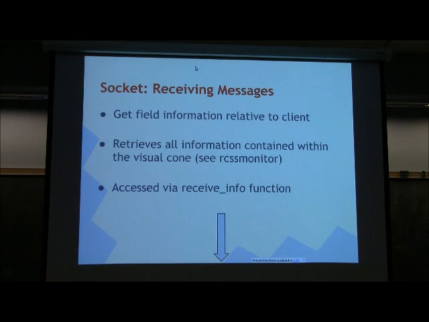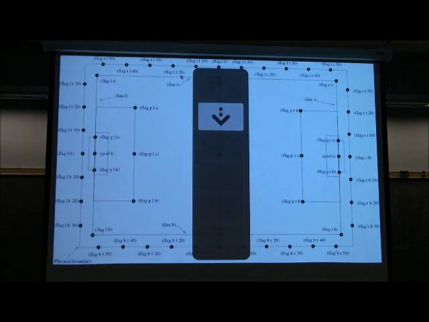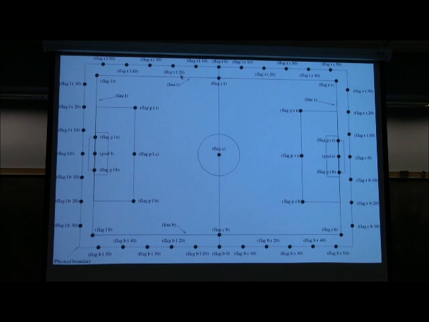If you're programming the client, you want to receive information, and the information you see corresponds to whatever is on the field. These are all the points that are going to be given to you when you're programming the sample client.